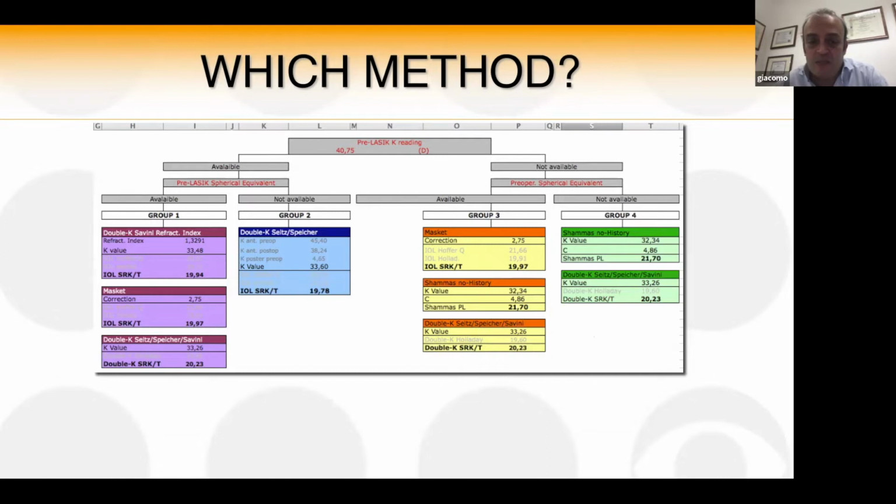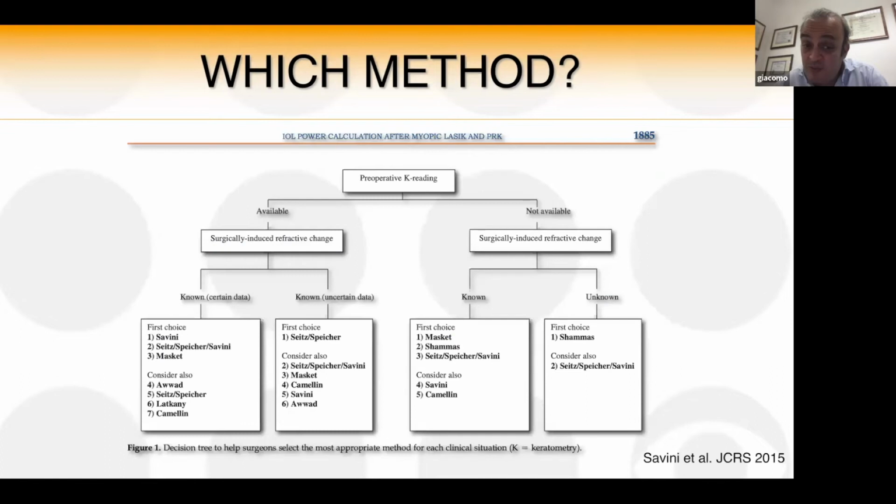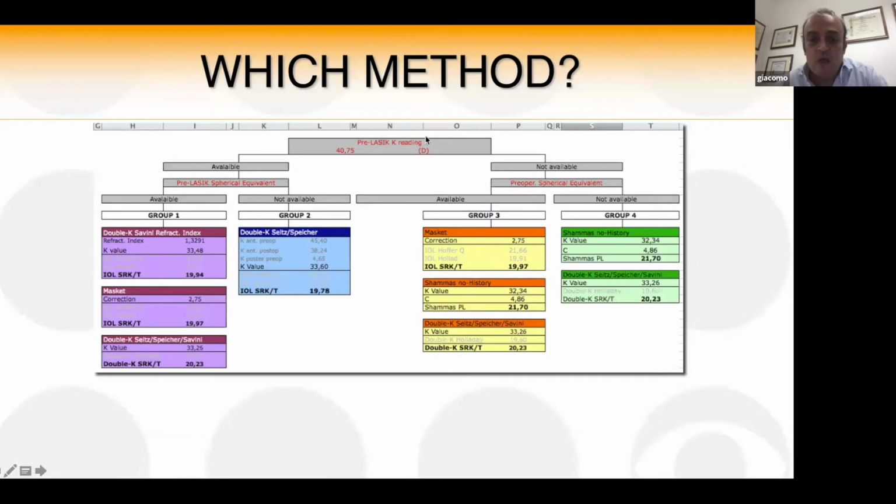And how does this work? I repeat, this is based on a paper that we published, so there is some evidence. Well, do you have the original keratometry? Yes, you have. Okay, go to the left, because it is available. Do you also know the pre-LASIK spherical equivalent, or the correction that you did? Yes, you know.